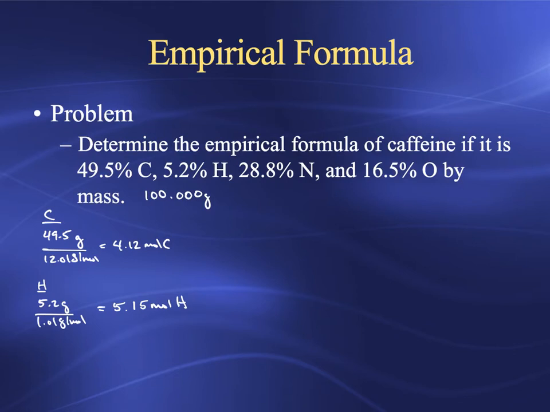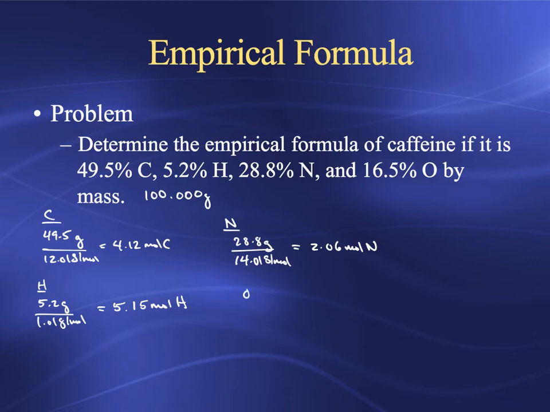All right, and we'll go over to nitrogen. We've got 28.8 grams of it, divided by its molar mass, 14.01, from your periodic table. 28.8 divided by 14.01 is going to be close to 2, and we've got 2.06 moles of nitrogen.